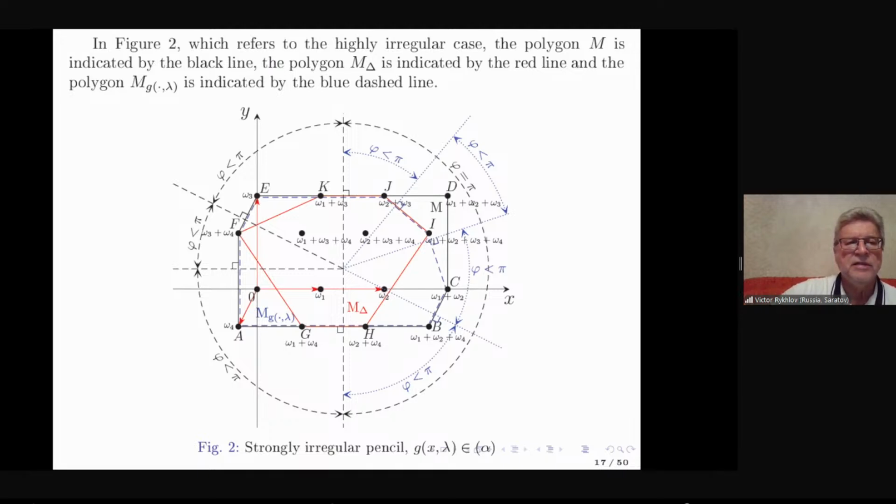The polygon M is indicated by the black line. The polygon M delta is indicated by the red line, and the polygon M g is indicated by the blue dashed line. The polygon M g is closer to M delta than M.